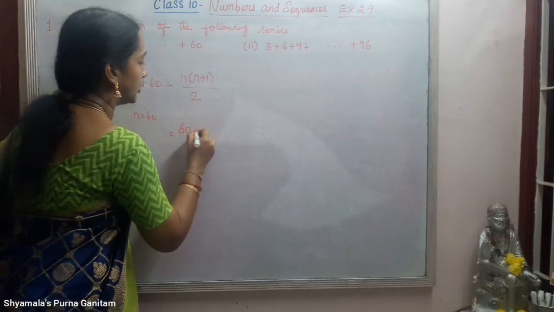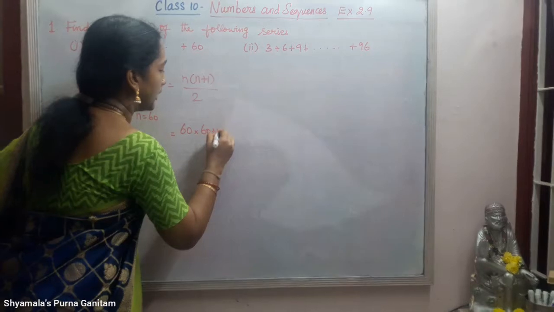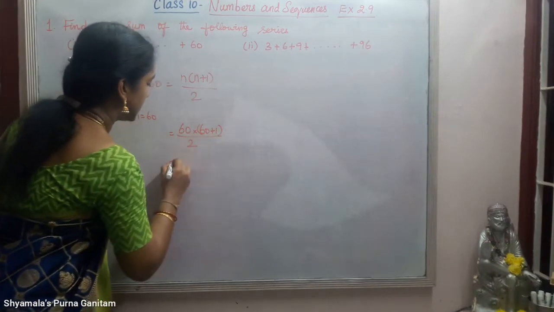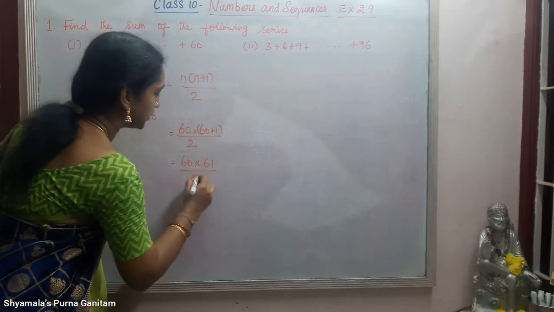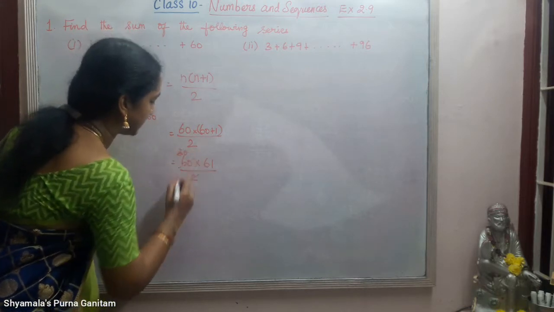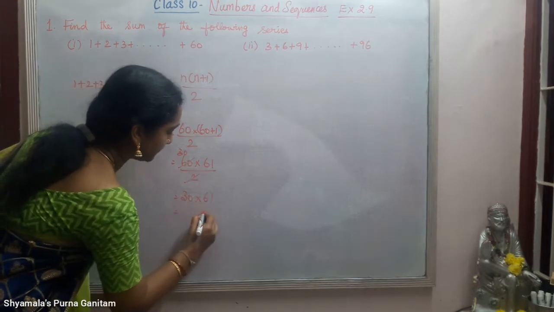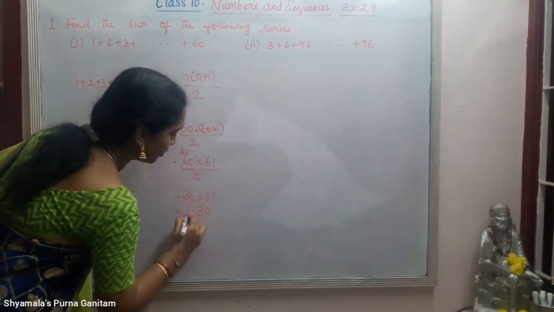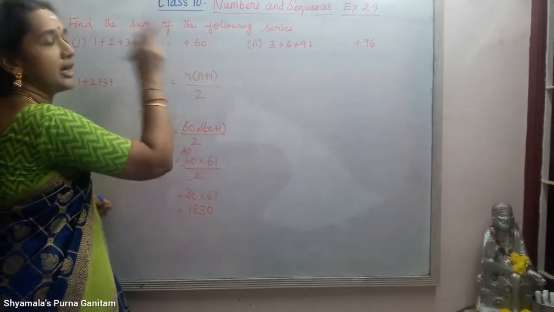So 60 into 60 plus 1 by 2, which is equal to 60 into 61 by 2. When we cancel this we will get 30. So 30 into 61 is 1830. So this is the sum of numbers from 1 to 60.